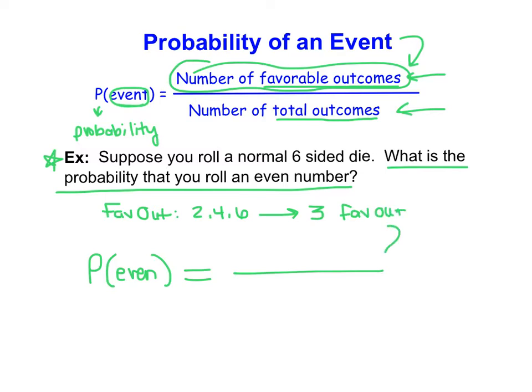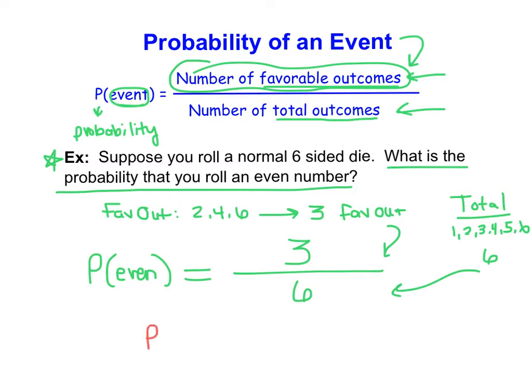As a result, this is going to go in the numerator of my fraction, which is 3. I then need my total number of outcomes for my denominator. Well, my total number of outcomes is 1, 2, 3, 4, 5, and 6. I have 6 different options for a total of 6 in my denominator.